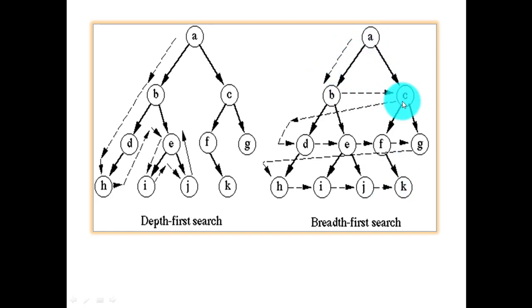So A, B, C, D, E, F, Z, H, I, J, K. We are concentrating on the breadth, so the name of this algorithm is breadth-first search.